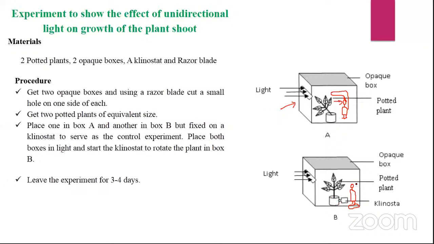A clinostat is a rotating machine, and it makes sure that at one moment light is shining on, let's say, this side, but then it is rotating. That means all your sides are equally receiving light through the hole, since you are being rotated inside the box. Once that is happening, the plant is receiving light uniformly, so the auxins are distributed uniformly throughout the shoot tip.